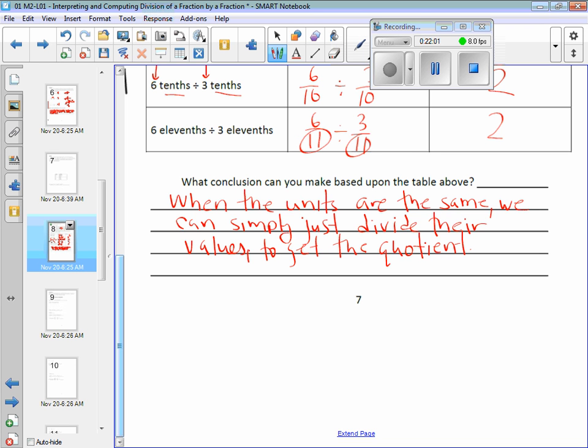I'm going to show you the next page, exercise 1. I'll demo it for you, and then when you come back third period, you'll be working in your groups to complete the rest of the exercises, because they pretty much all follow the same pattern.